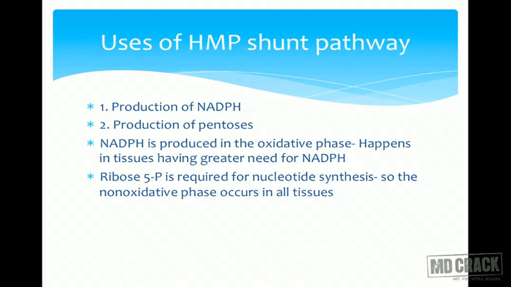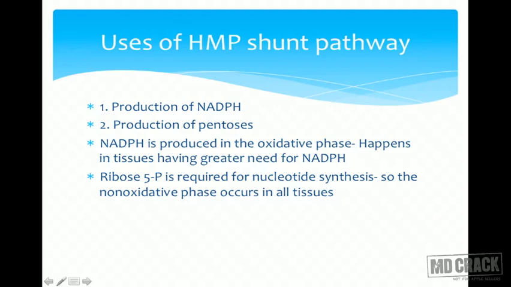Where are nucleotides seen? In the DNA and in the RNA. So cells which require pentoses will produce pentoses by the HMP shunt pathway. NADPH is produced in the oxidative phase, in tissues which have a greater need for NADPH, as I said, where reductive biosynthesis is occurring.